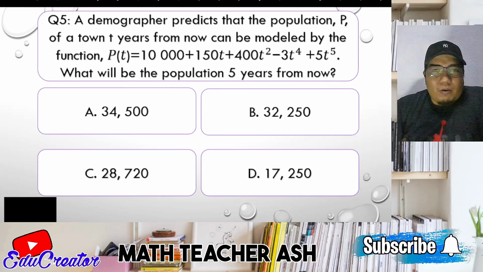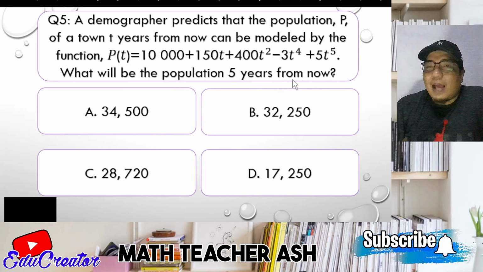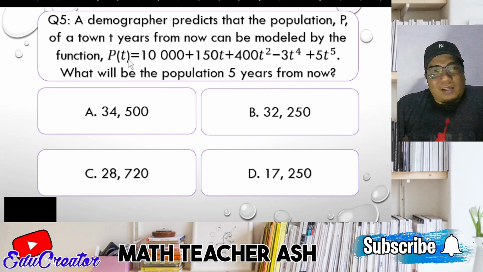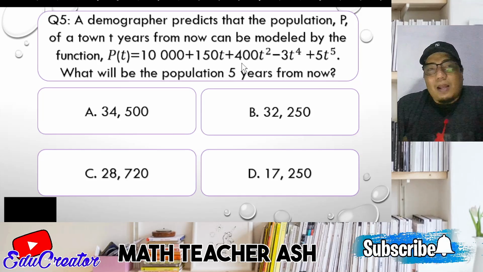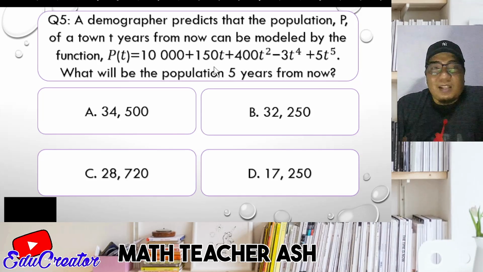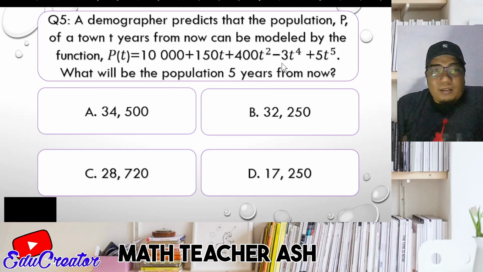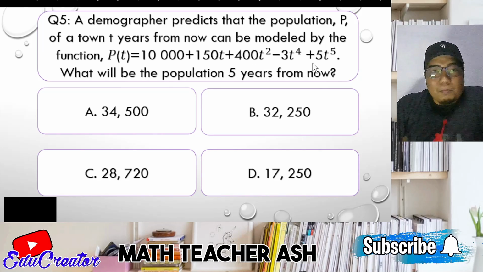Okay, math learners, paano nga ba sagutin ang tanong na ito? Simple lang. Ang gagawin natin is to substitute 5 to the value of our t. So, therefore, this will become 10,000 plus 150 times 5 plus 400 times 5 squared minus 3 times 5 to the 4th plus 5 times 5 to the 5th. Alright.